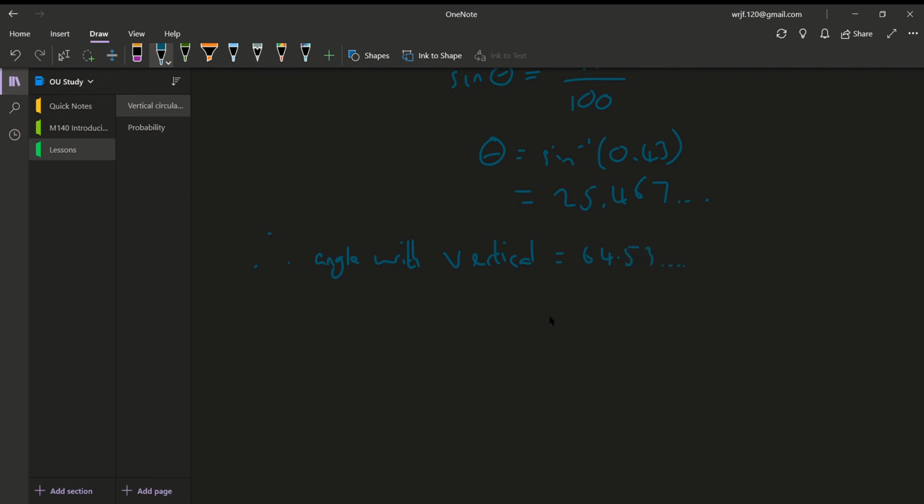And as usual, we should give, actually g cancels out here. I could give this to 3 significant figures if I wanted, but it's an angle. Let's go with 3 significant figures here. 64.5 degrees. So there we are.